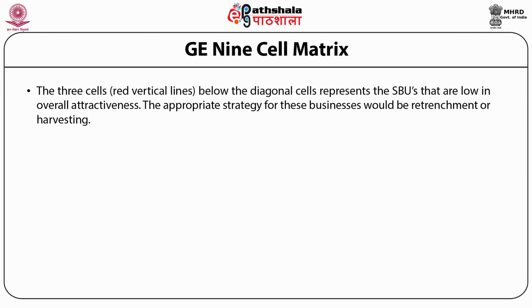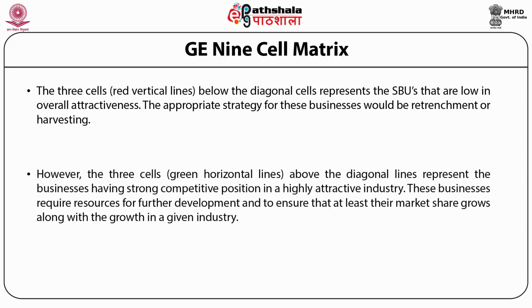The third set of cells, that is the red vertical lines below the diagonal cells, represents the SBUs that are low in overall attractiveness. The appropriate strategy for these businesses would be retrenchment or harvesting. However, the 3 cells, that is the green horizontal lines above the diagonal, represent the businesses having a strong competitive position in a highly attractive industry. These businesses require resources for further development and to ensure that at least their market share grows along with the growth in a given industry.